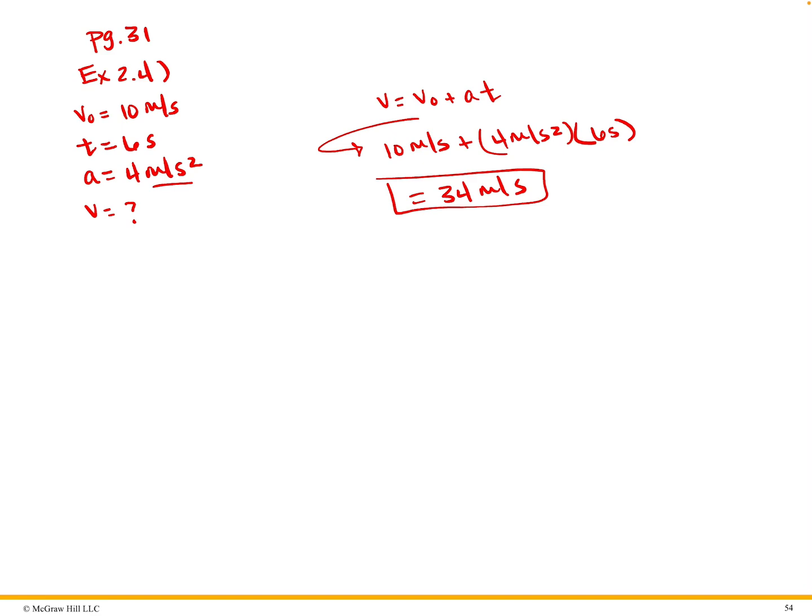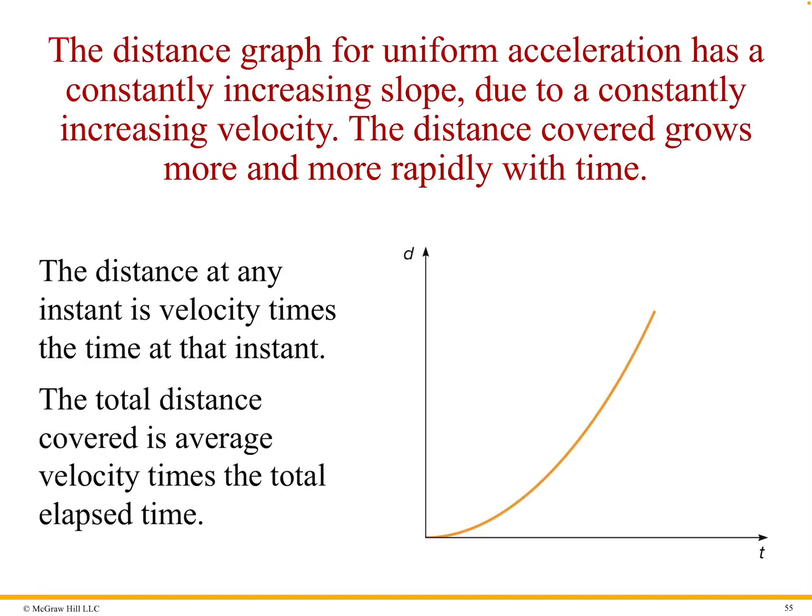I think we need to go to the next slide because it's going to give us another equation that we need for part B on that last example. This is a distance versus time graph again for uniform acceleration, meaning that it's constantly increasing. As it gets farther along, the distance looks like it's increasing more.